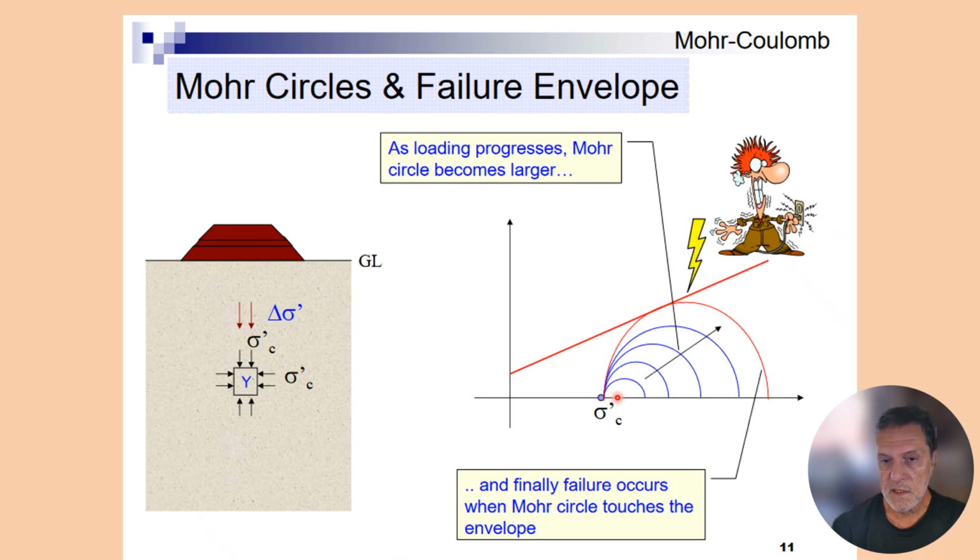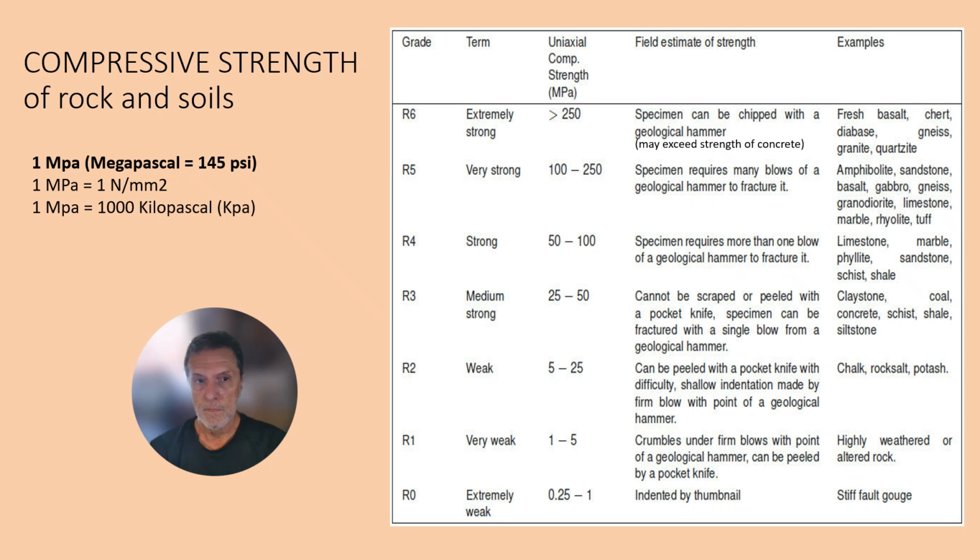As loading progresses, the Mohr's circle becomes larger and larger. Finally, failure occurs under certain normal stress and shear stress, and you get a failure of the sample, whether it be soil or rock. So this is a basic graphical analysis tool that's used to process the data you would get from a direct shear test.